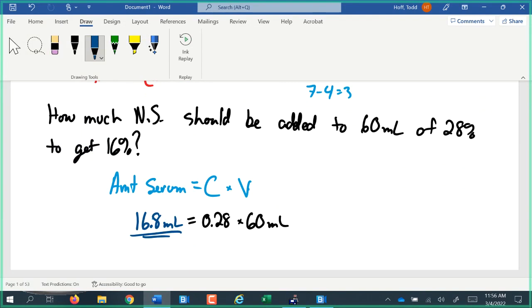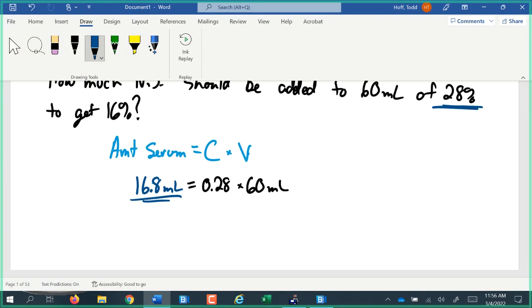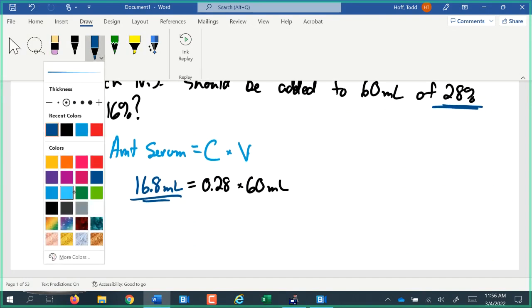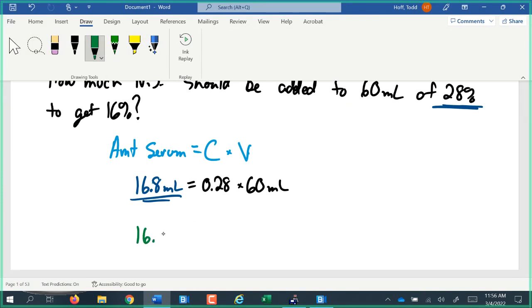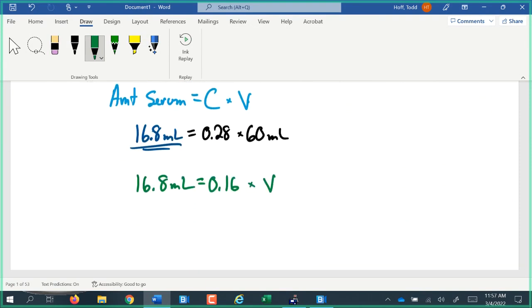So that original 28% solution held 16.8 milliliters of that original serum. To reduce it to 16%, we're still going to have 16.8 milliliters of that serum. We just want this to go down to 16%, so 0.16. We're going to find a new total volume.